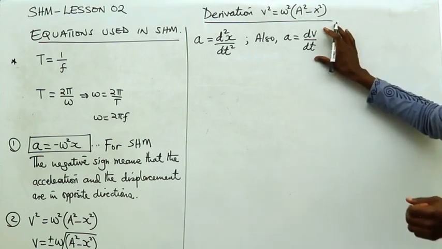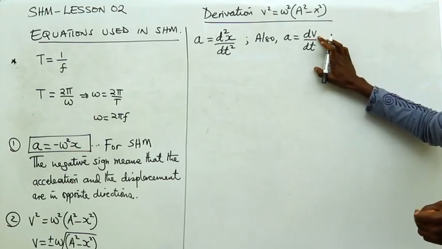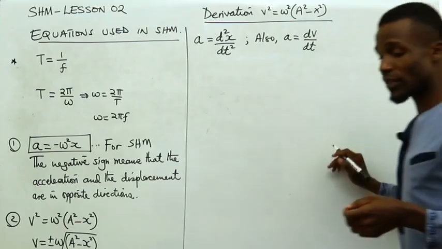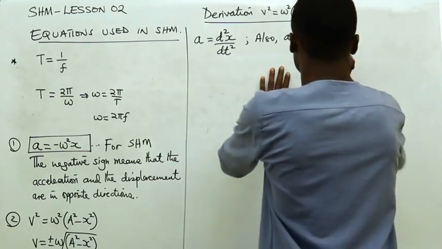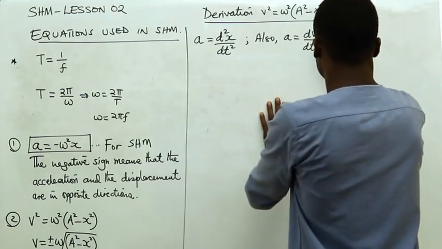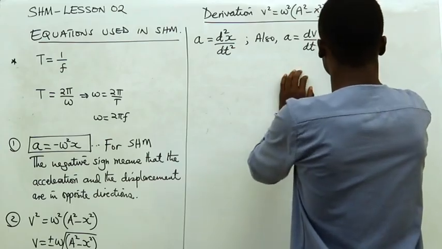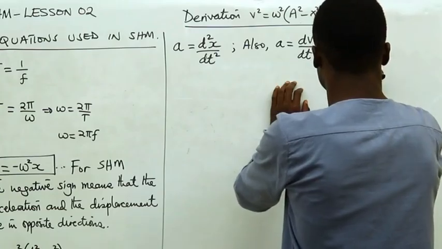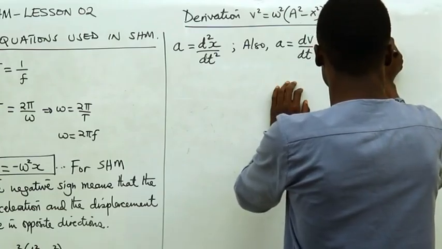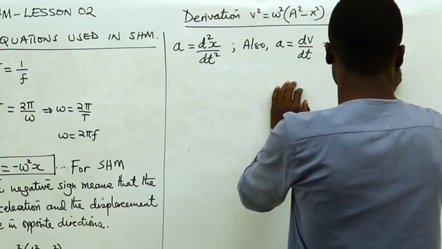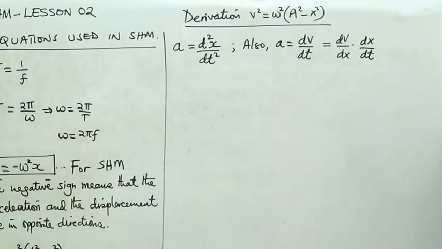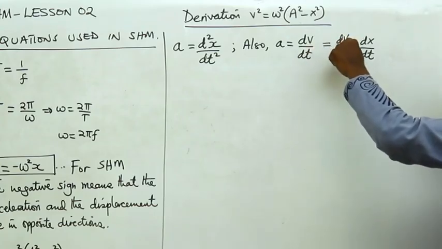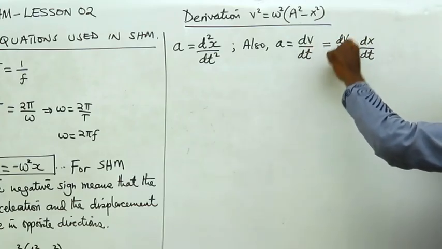Now this one will work for us because we have the v, but how can we do away with the t? Observe that we can write this as dv dx times dx dt. Instead of writing dv dt, I put dx here and dx here.